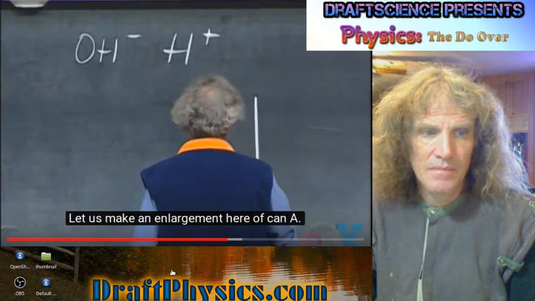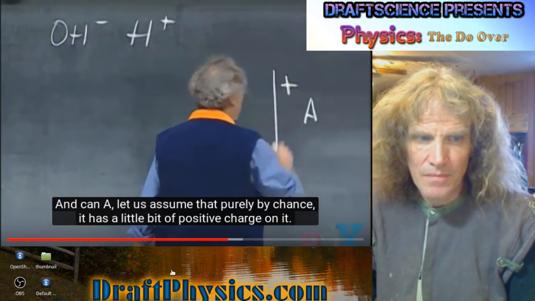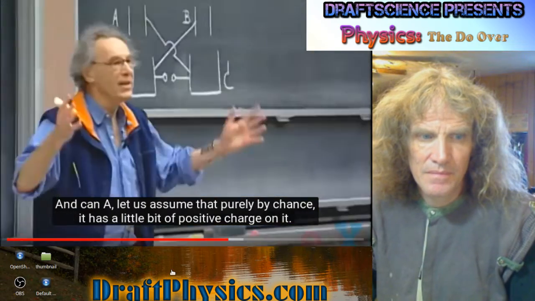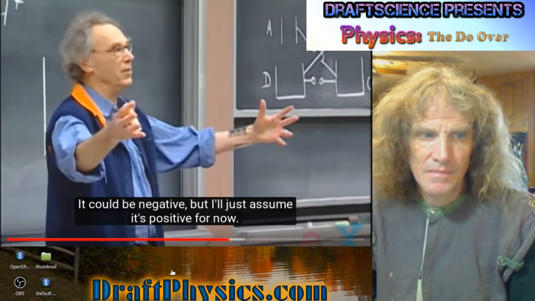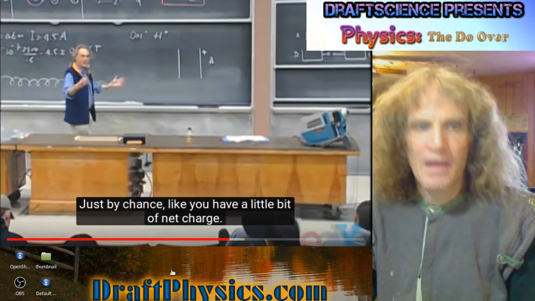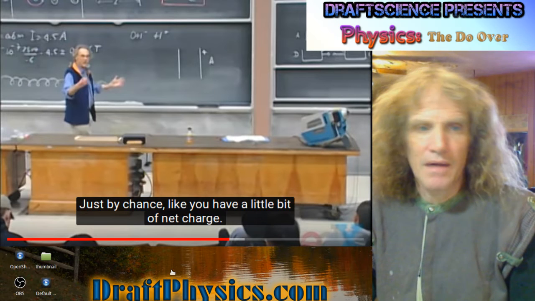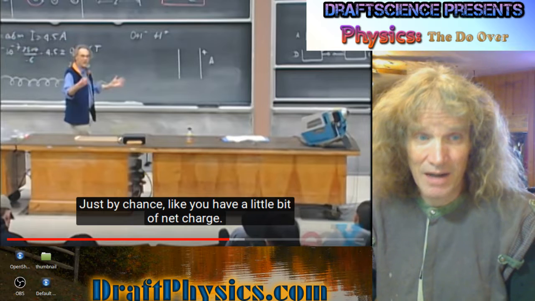Let us make an enlargement here of can A. And can A, let us assume that purely by chance, it has a little bit of positive charge on it. It could be negative, but I'll just assume it's positive for now. In either case it will work, you will see. Just by chance. It depends, obviously, on which can has the higher potential.